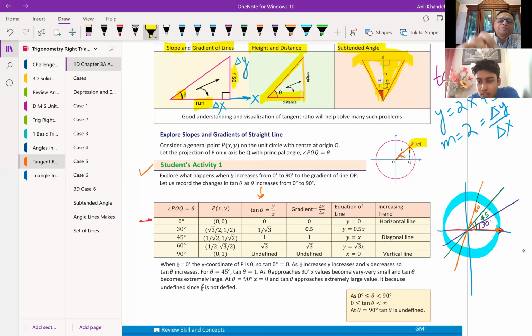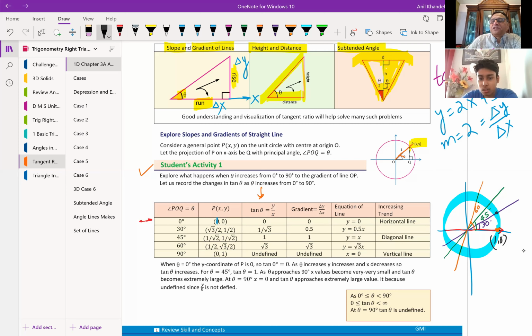Let's say 1, 0, sorry. Now at 30 degrees, the point will be square root 3.